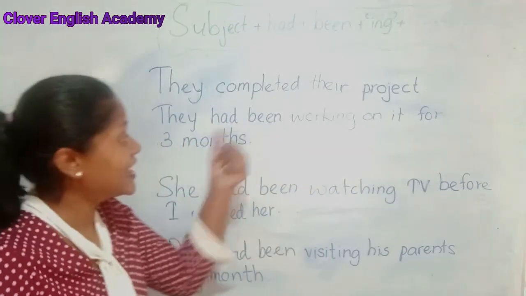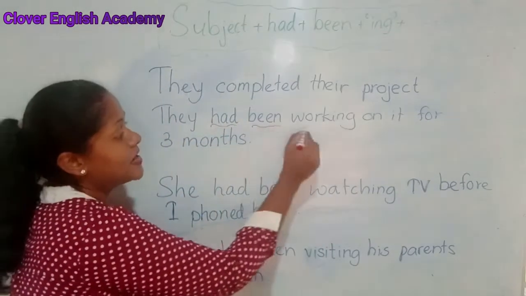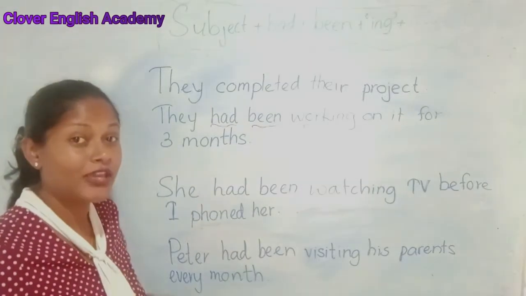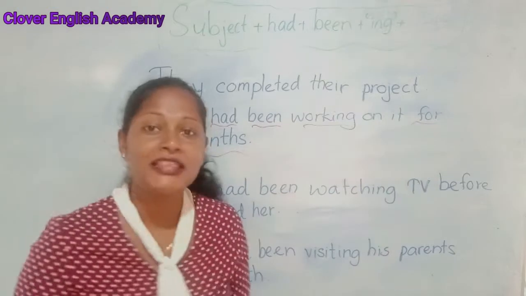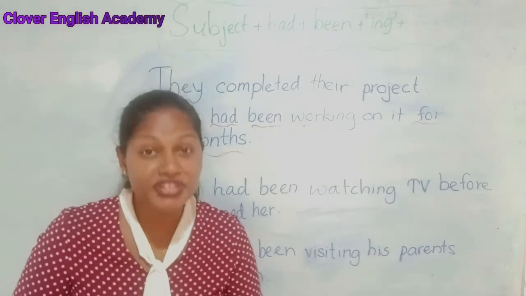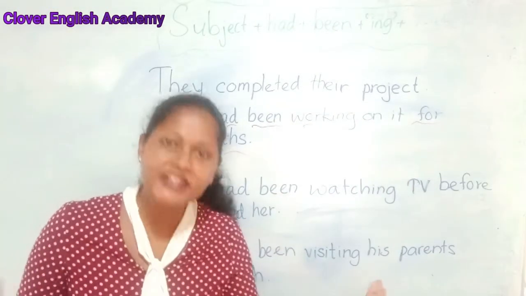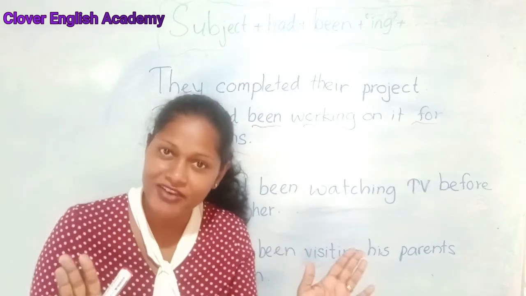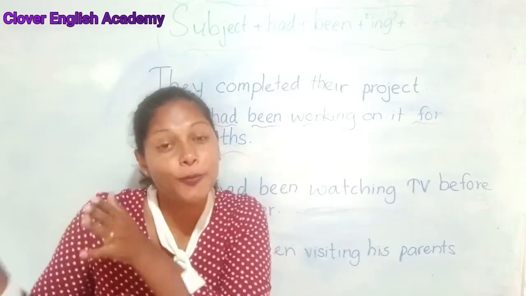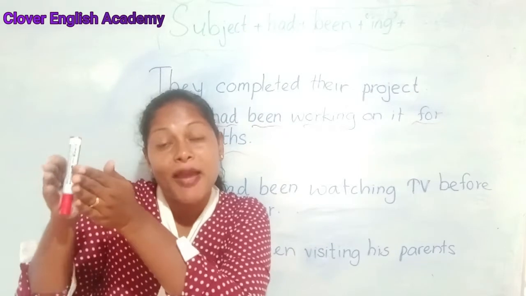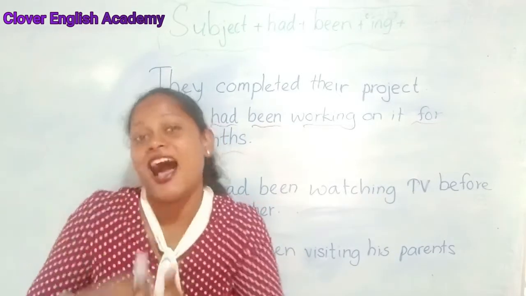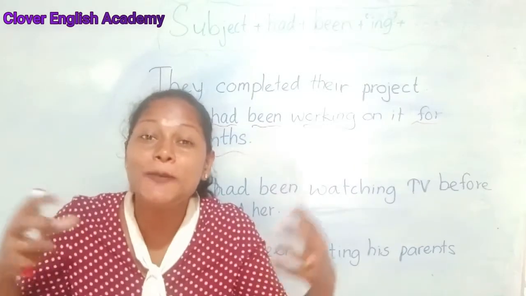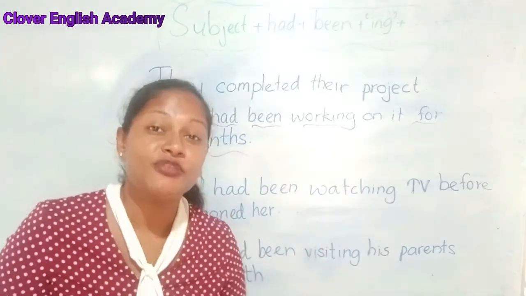See, they had been working on it. එයාලා ඒකේ කොච්චර කාලයක් වැඩ කරාද? For 3 months. They had been working on it for 3 months. They completed the project. Project එක complete කරලා ඉවරයි. එතකොට මේ අතීතයේදී මේ කරලා ඉවර කරපු project එක පුරාවට එයාලා දවස් මාස 3ක් පුරාවටම ඒක කරමින් හිටියා. Did you understand? They had been working on it for 3 months.